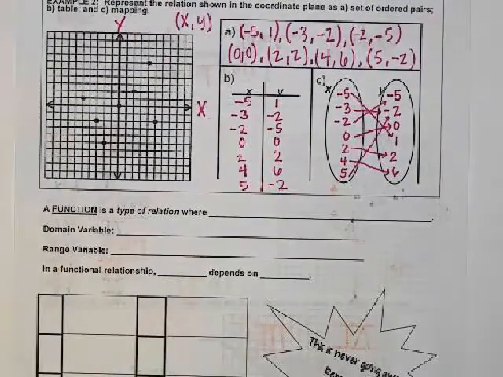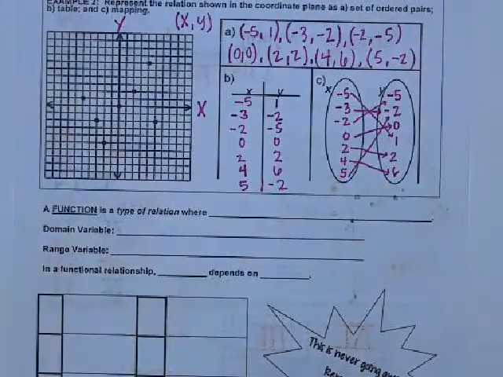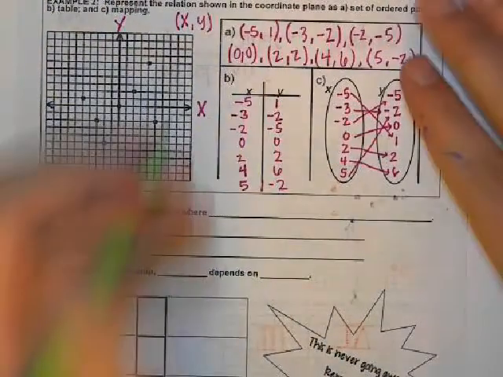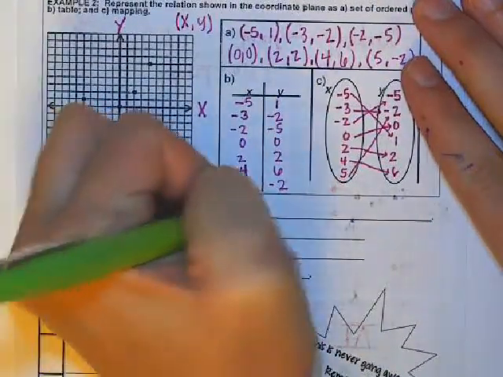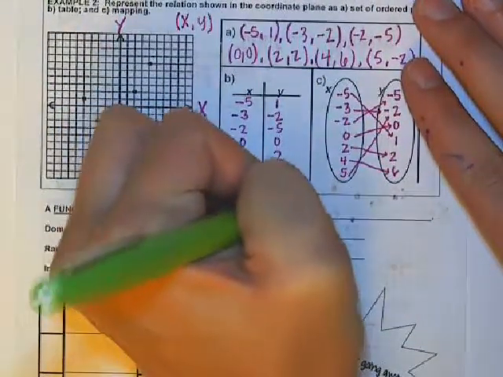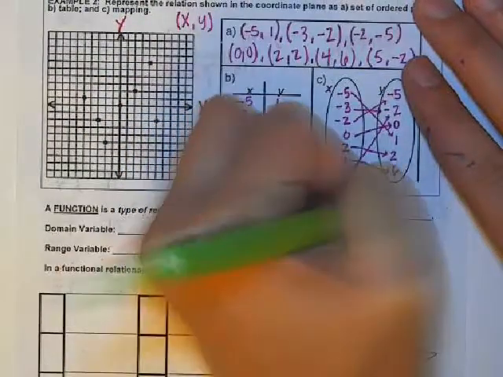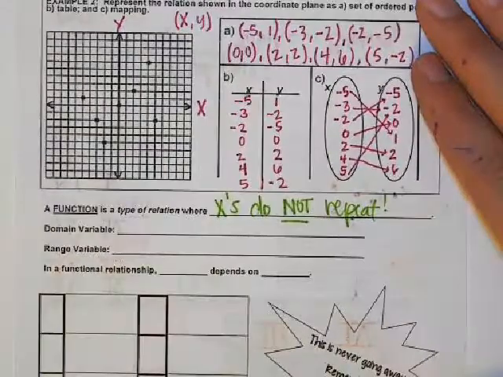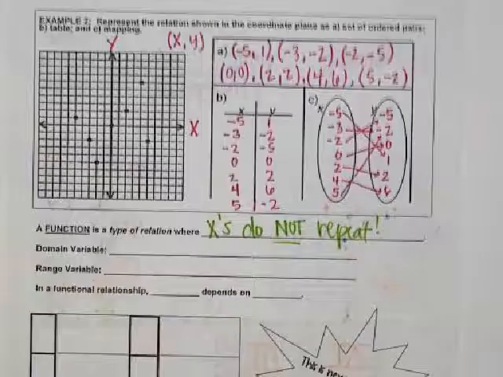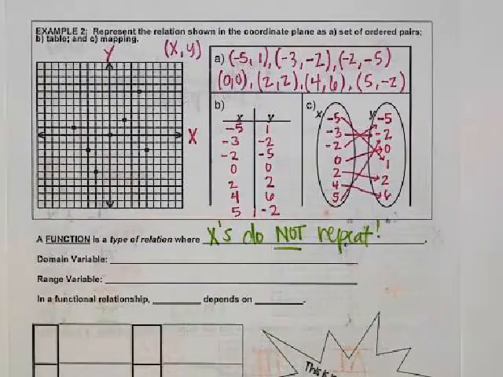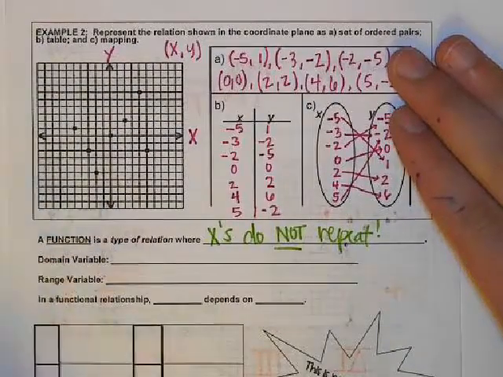So a function is a relation where my x's do not repeat. Okay, so look at this problem we just did. Is this a function? Yes. Do my x's repeat? No, my x's do not repeat. So yes, this is a function.